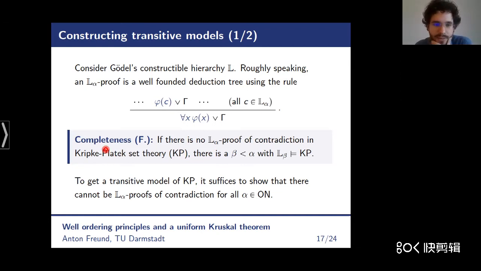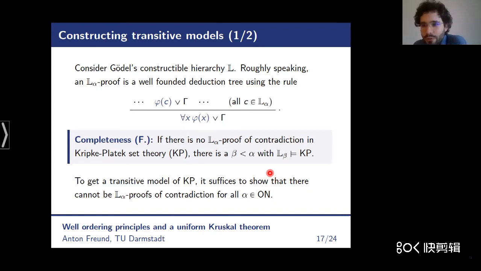And what the completeness result tells you is that if there is no L alpha proof of contradiction in Kripke-Platek set theory, then you get a model. In this particular case, this is a model of Kripke-Platek set theory, and it has the form L beta for some beta below alpha. So it's also a stage in Gödel's constructible hierarchy.